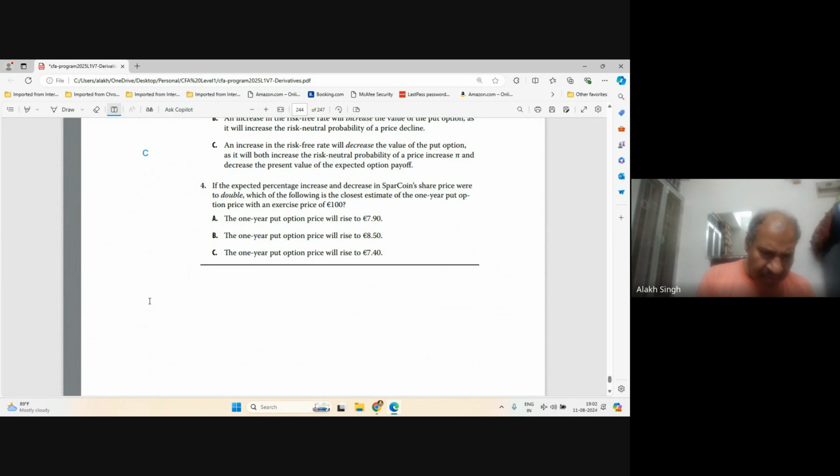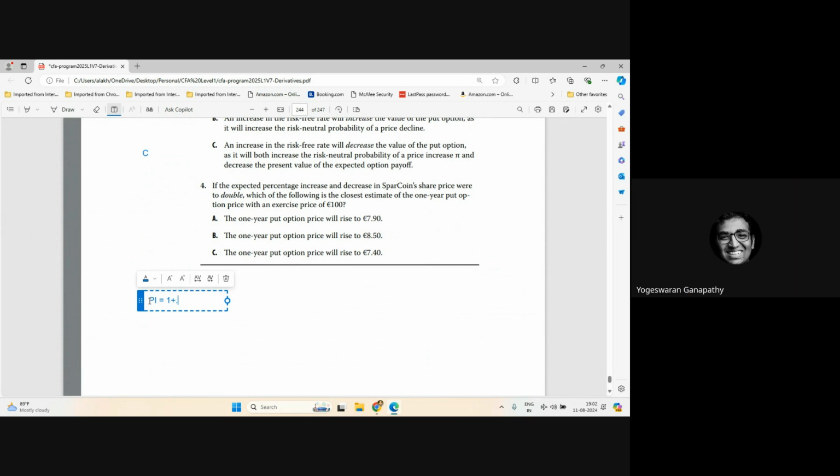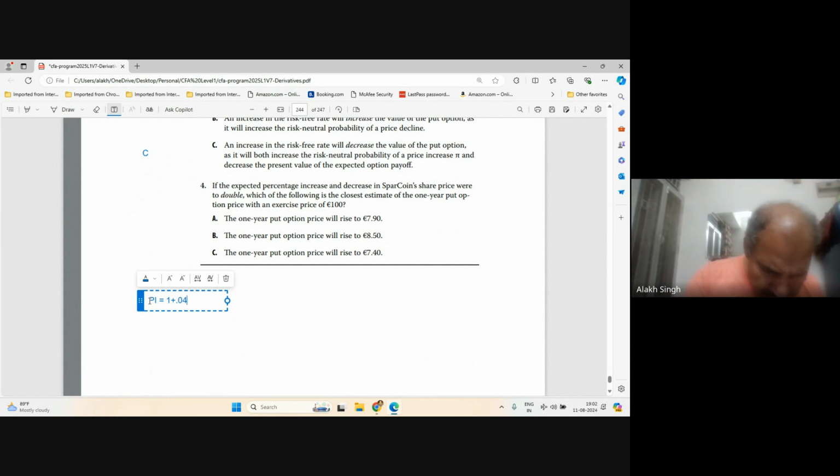Let's calculate pi first. So pi is equal to 1 plus r, so 1 plus 0.04 minus, now it becomes 20% down, so that becomes 0.8.